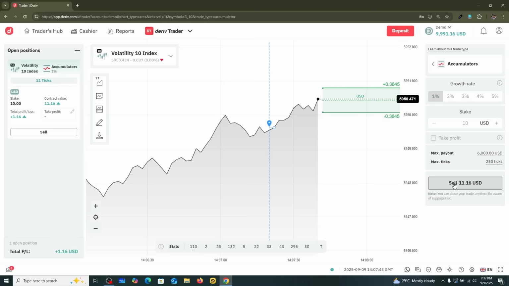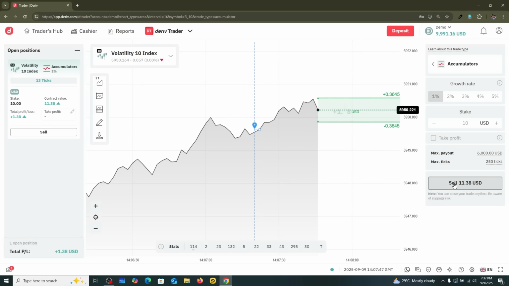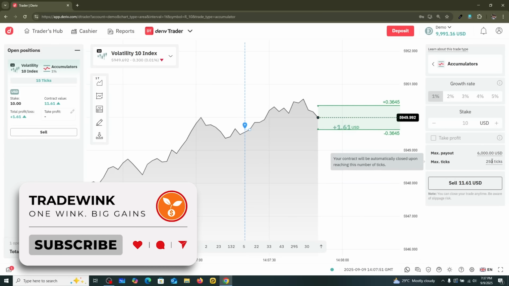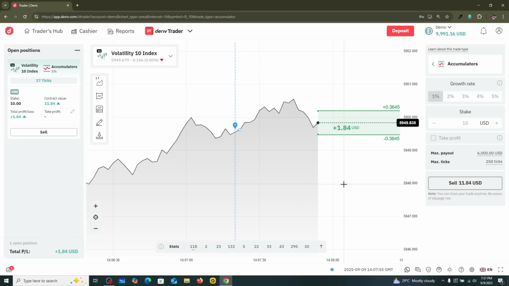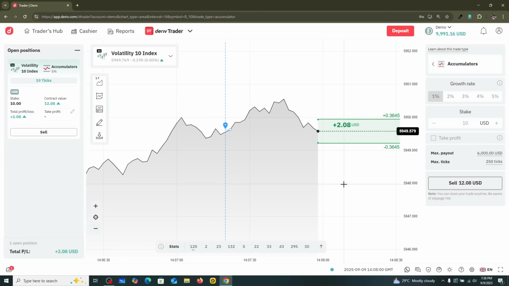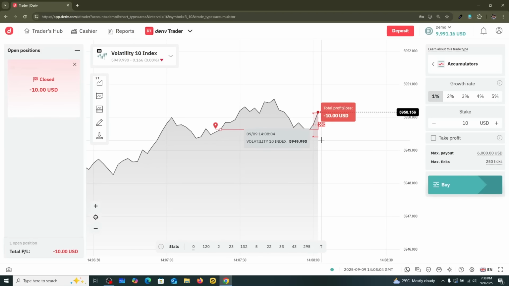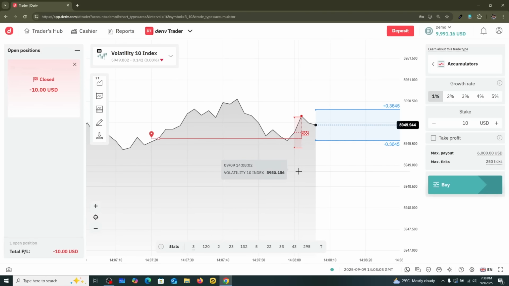The contract can continue for a maximum of 250 ticks. Now you can see it is only at 15 ticks. We can wait and leave it for 250, but it won't last because it's going to touch. Here you can see it touched the barrier and we lost the trade.